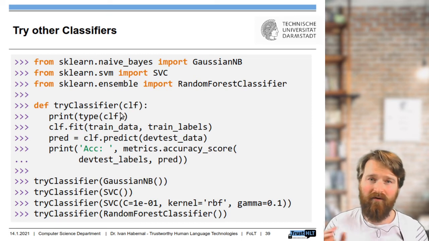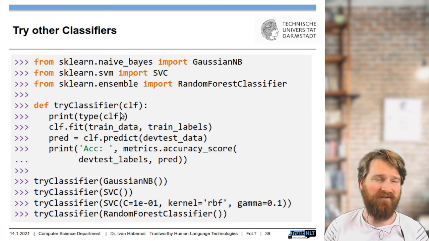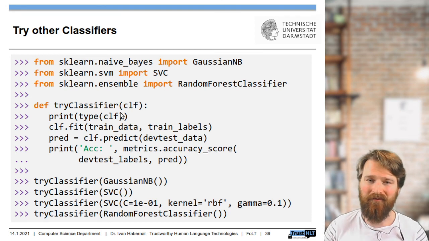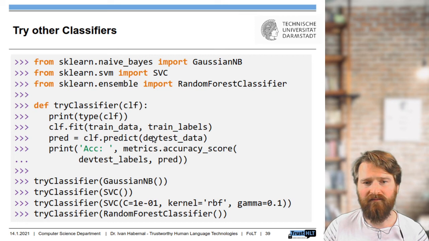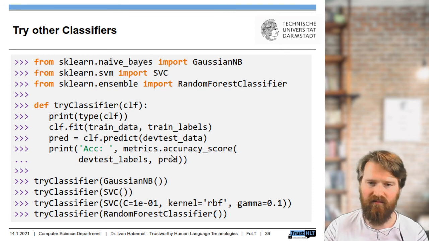Scikit-learn has more classifiers from the machine learning model zoo, and you can try them out on the same data set, because they share the same interface for fitting the model, using fit and predict. Here we define a function try_classifier, we pass in a classifier, and then run training and evaluation, maybe showing accuracy.